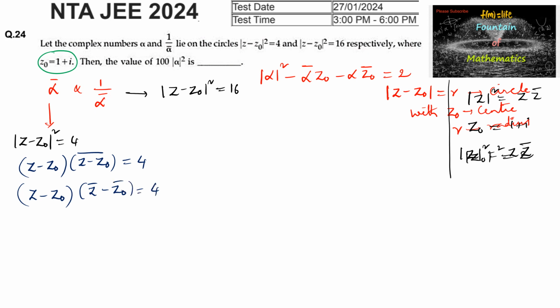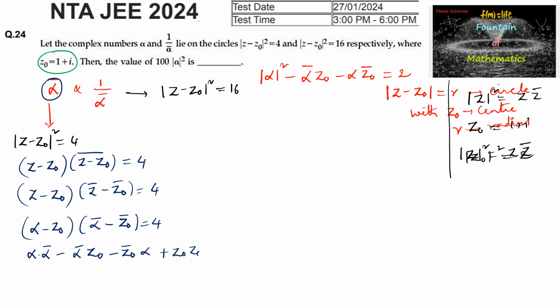And since alpha lies on this circle, let us substitute z is equal to alpha. So (alpha minus z naught) into (alpha bar minus z naught bar) is equal to 4, that is alpha into alpha bar minus alpha bar into z naught minus z naught bar into alpha plus z naught into z naught bar is equal to 4.